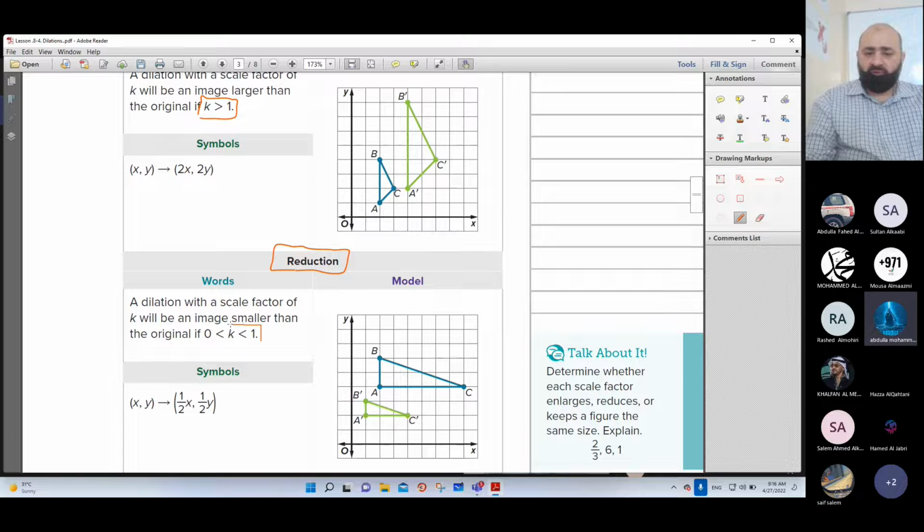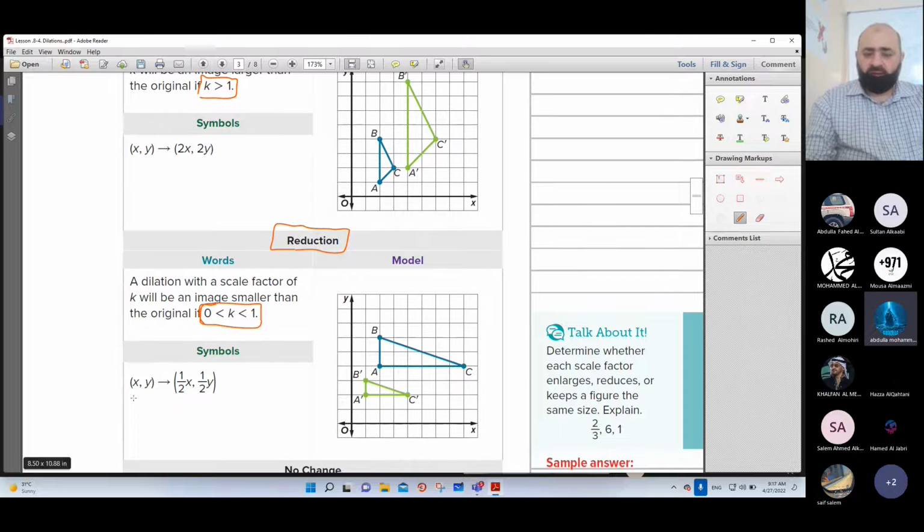When you have a scale factor k between 0 and 1, you have a reduction. And when you have reduction, x will be half x and y will be half y. As you see here, this is the pre-image, this is the image.